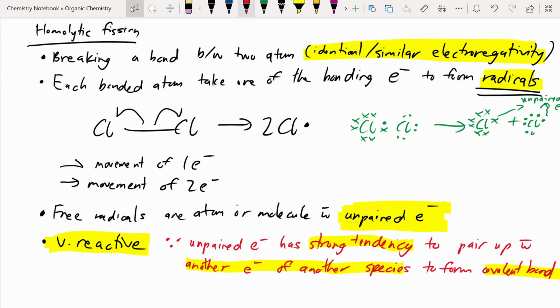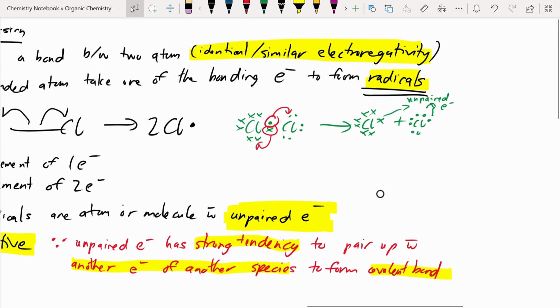So this one will go to here, and this one will go to here. Then it will cause them to form free radicals, which have unpaired electrons.